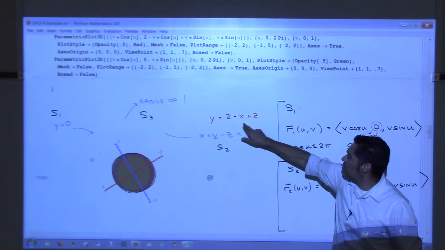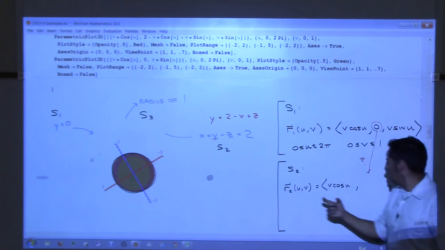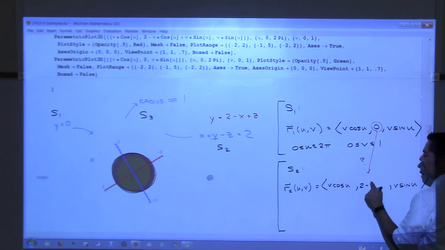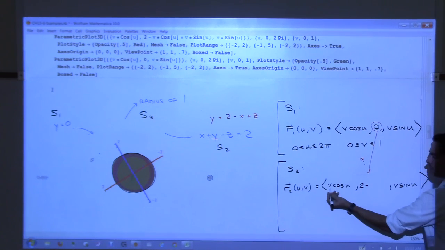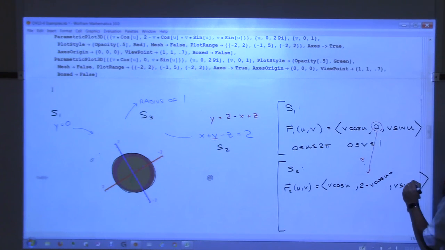Depending on what my x position is and my z position, that determines my y position. So this y component should be what? 2 minus x, but what's x? v cosine u plus z, which is v sine u. Sorry, I ran out of room there.